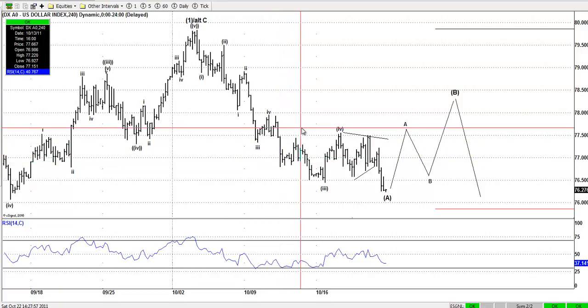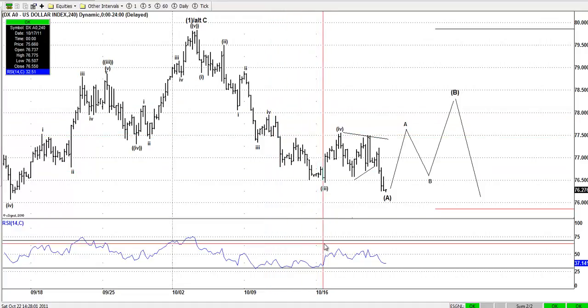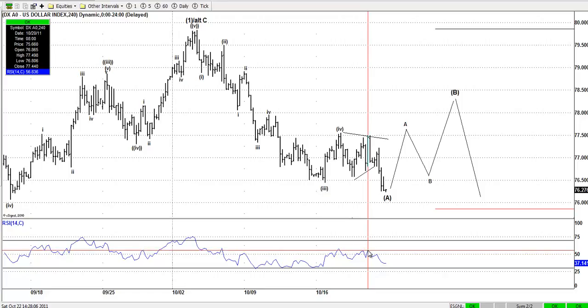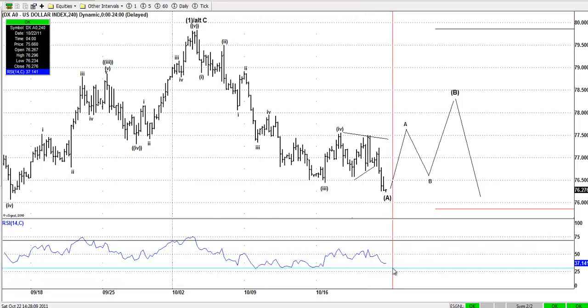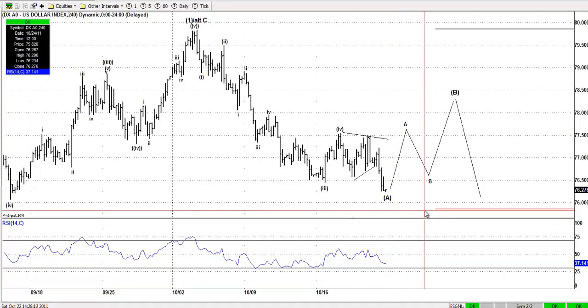So I believe that the right count is 1, 2, 3, 4, 5. Now we got the separation within the wave 4, and all we're going to get on Sunday is another new high, new low on the index before going higher. There is a chance that wave 3 or 5 is already done within the index.